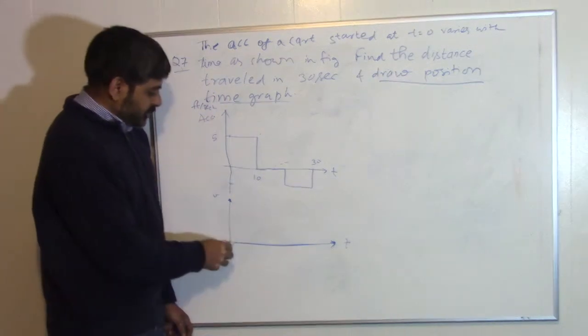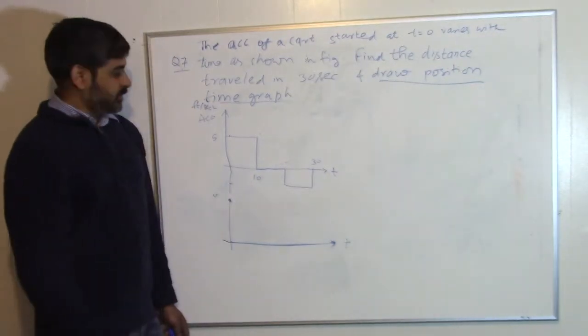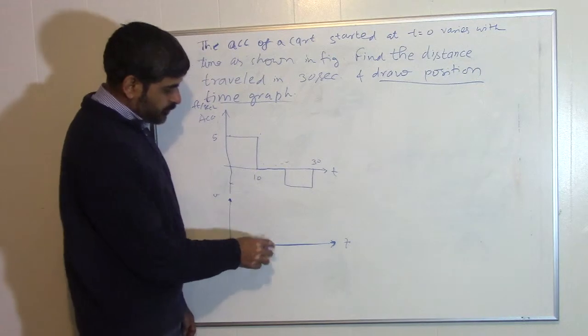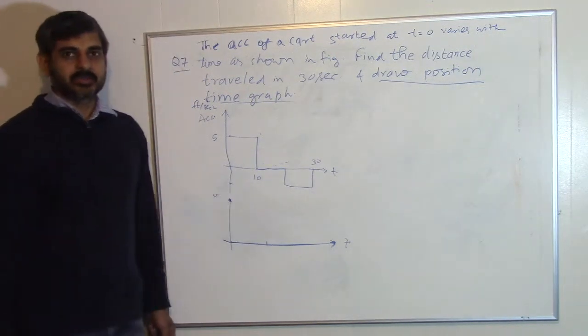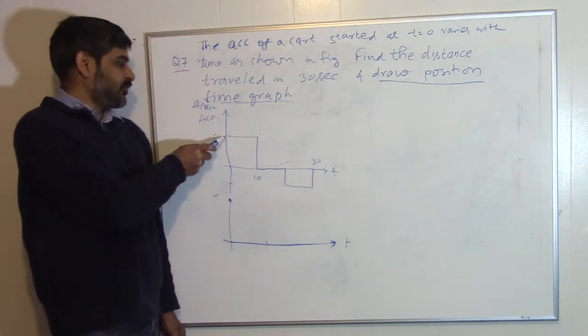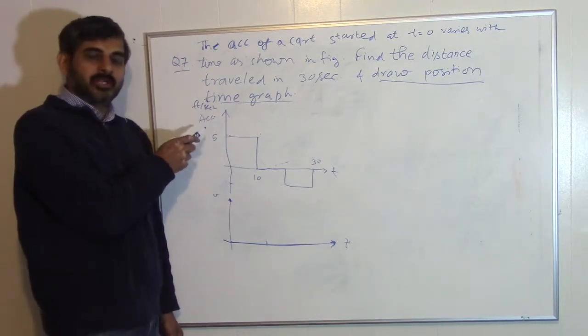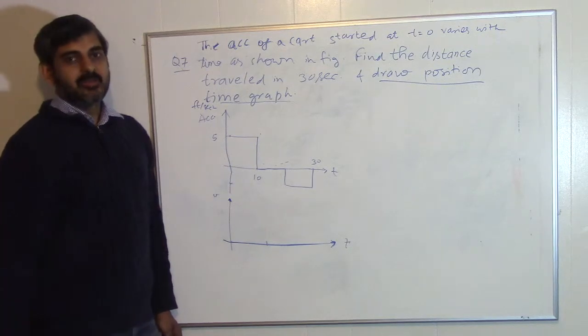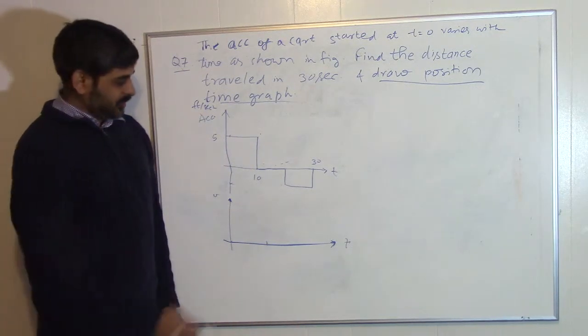So when time is 0 here, the velocity is 0. Now think about how the velocity will move in the first 10 seconds. It's saying that it's 5 feet per second per second. What does that mean? Its velocity is increasing by 5 feet per second in every 1 second.